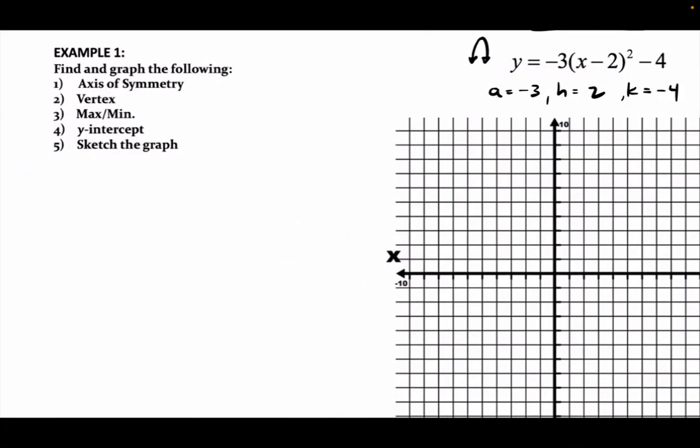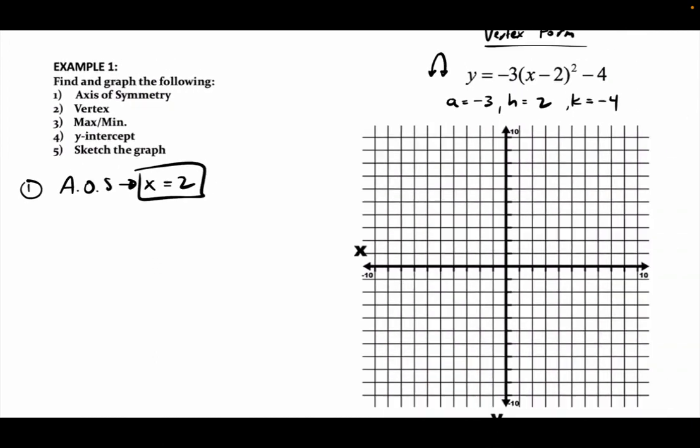So now we're going to use those 3 things to figure out all of this stuff that we did the other day. Axis of symmetry. Let's go to our rules. It says axis of symmetry is x equals h. So what was h? That's our axis of symmetry, too.